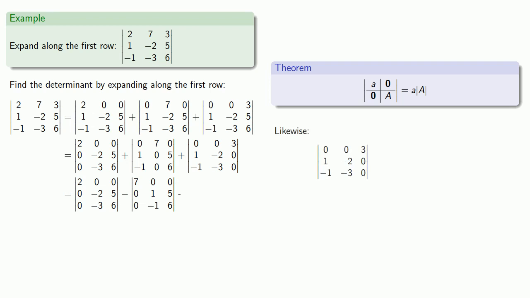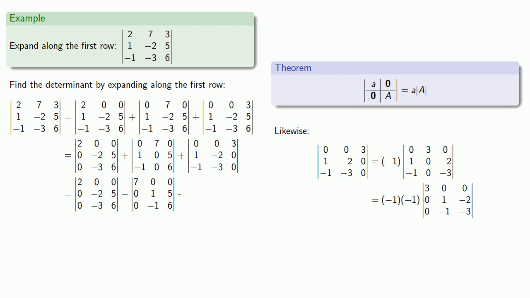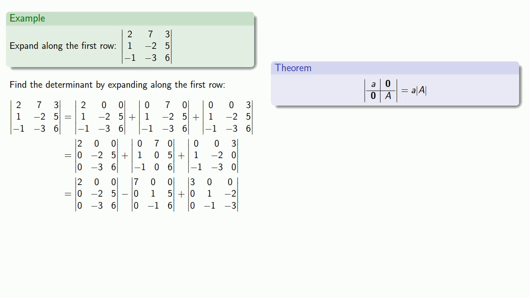For the last matrix, I have to switch the second and third rows, which introduces a factor of -1. And now I'll switch the first and second rows, which introduces a second factor of -1. And so the determinant of this matrix is the same as the determinant of this matrix. And now our theorem applies.